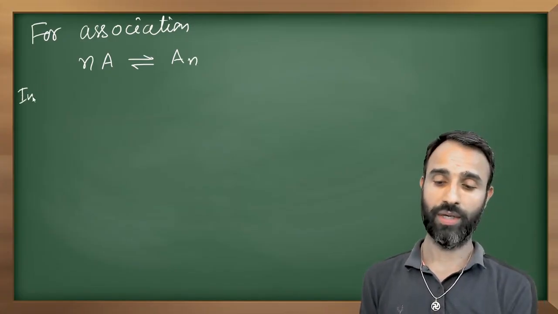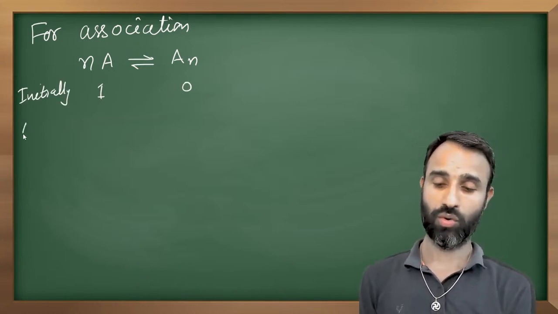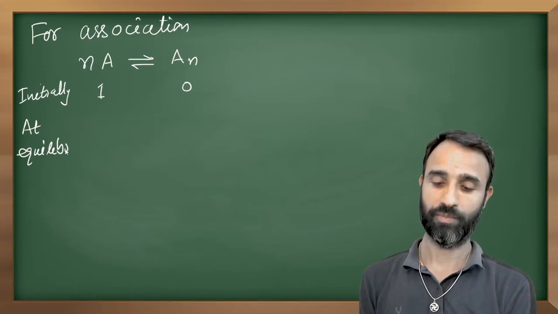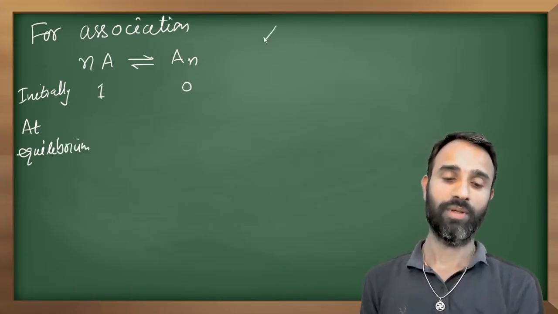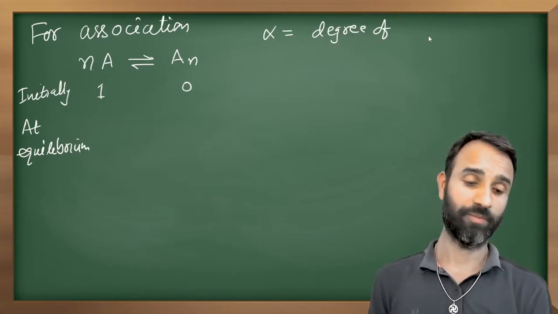So initially, again, let's start with 1 mole, and the product is 0. So at equilibrium, alpha is now the degree of association.